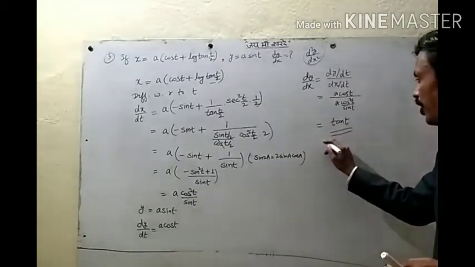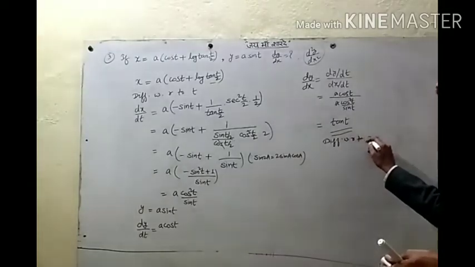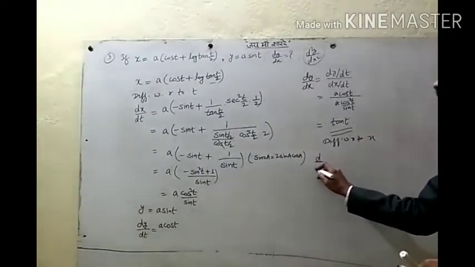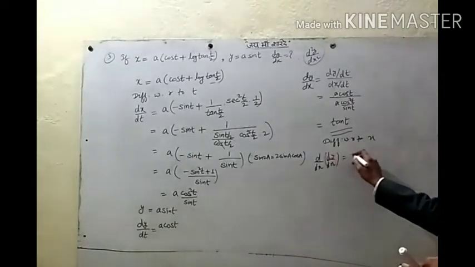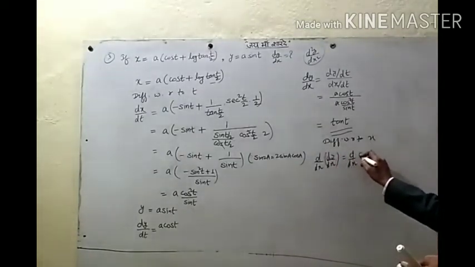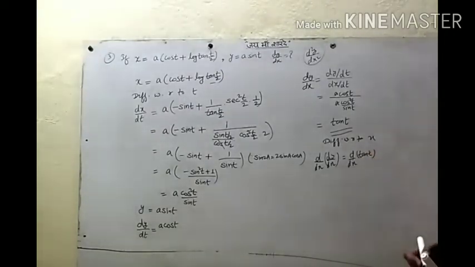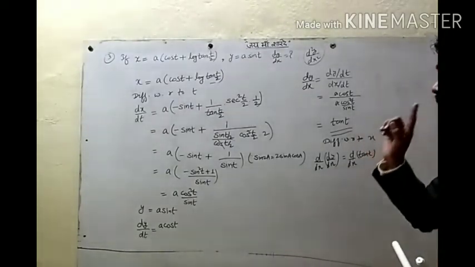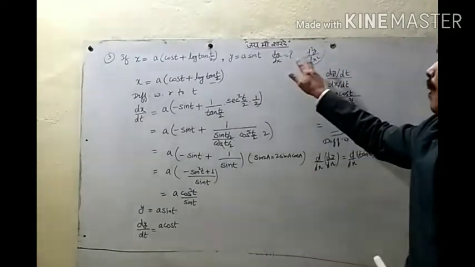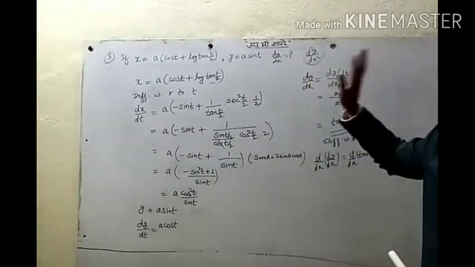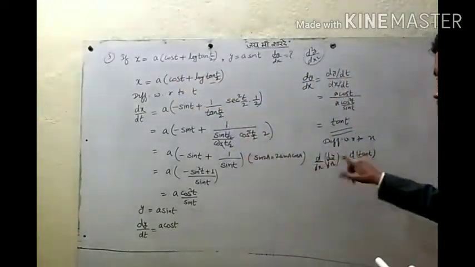So now we'll differentiate with respect to x. So we get d by dx of dy by dx, and here d by dx of tan t. Okay, be clear. Always be attentive, give attention here. If you want to find d2y by dx square, what to do, find dy by dx, and then we have to find d2y by dx square.